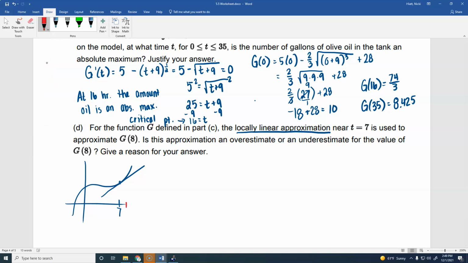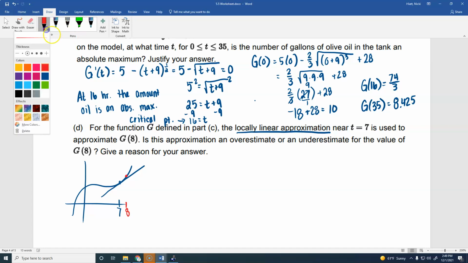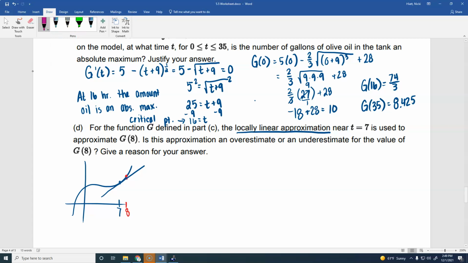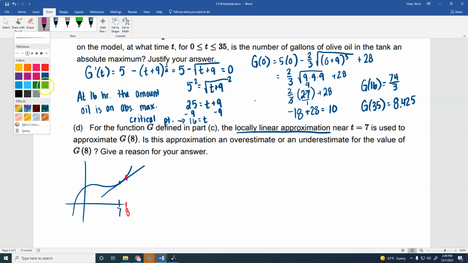So if I want to find the value of the function at 8, but I don't know how to do that with the equation, or it's really complicated to find that with the equation, I could just plug 8 into my tangent line and get this point right here.